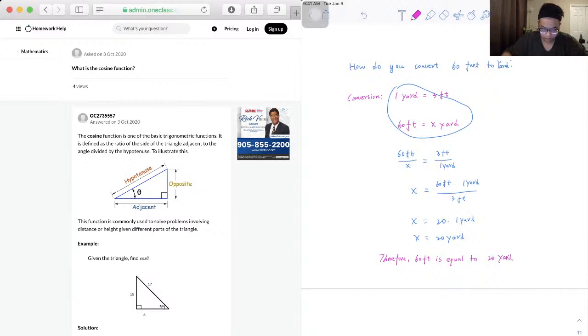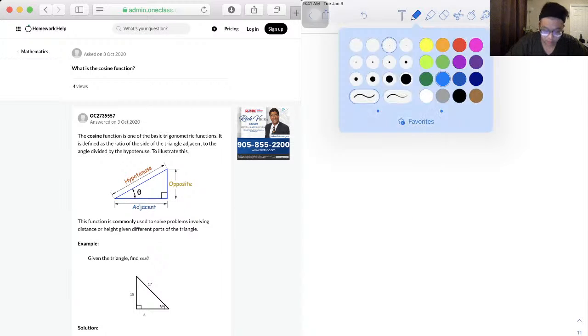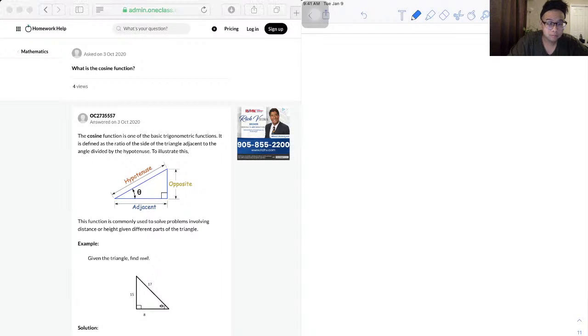All right, so our next question. It's asking us, what is a cosine function? Right. So first let's write down the definition.